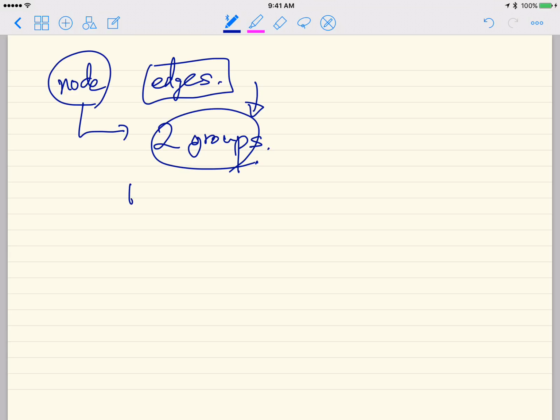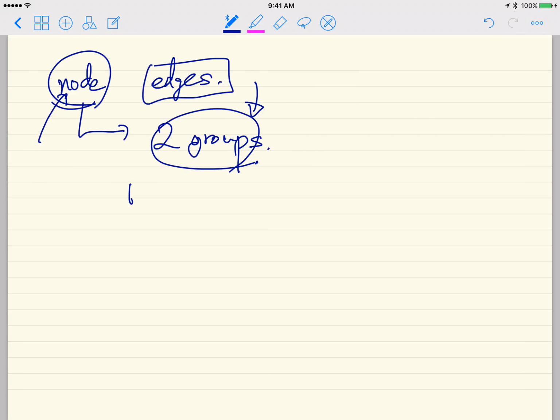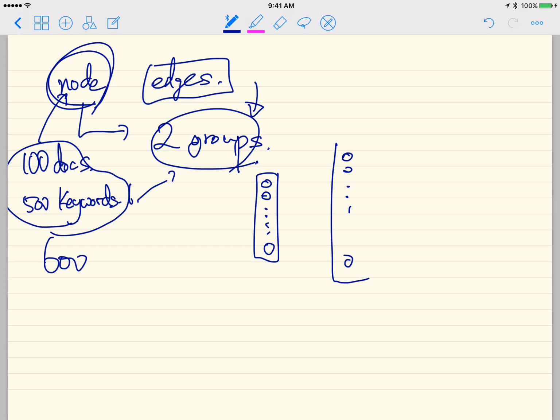In this example, we can consider the entire node set as a union of all the documents and keywords. Suppose we have 100 documents and maybe 500 keywords. In total we have 600 different nodes or entities, and we separate them into two groups of 100 documents and 500 keywords.